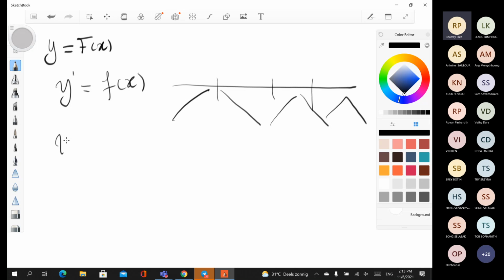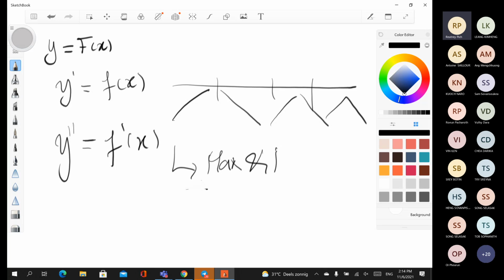And if you find the second derivative, it means that you try to find the max and min of the system. Can you catch up what I mean here?